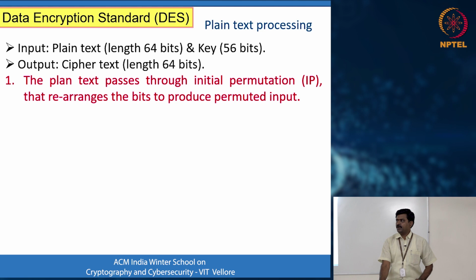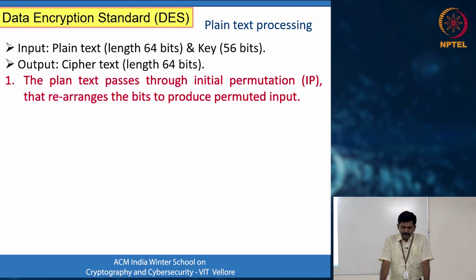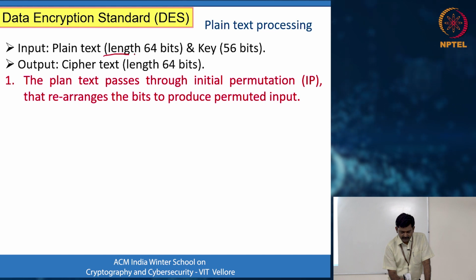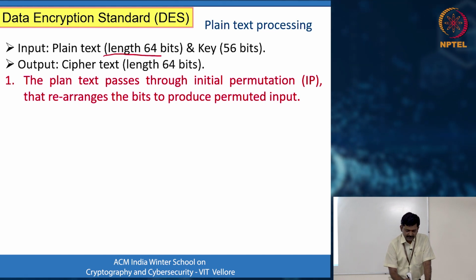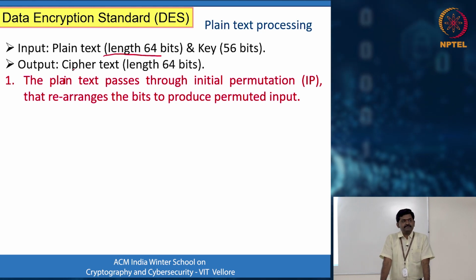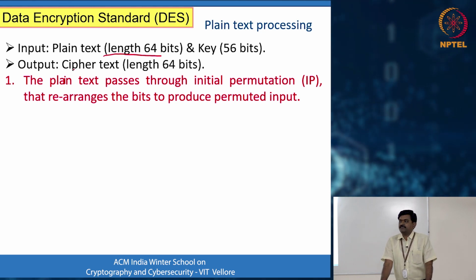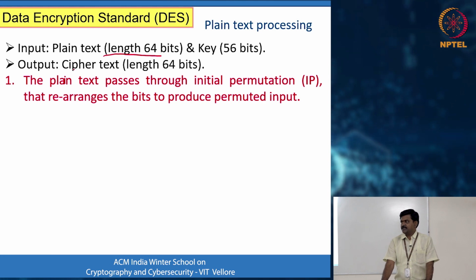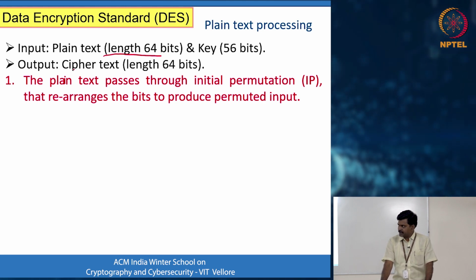Now let us continue our interaction. On the plain text side, you have a 64-bit plain text. What is the first step we said? It passes through the initial permutation.